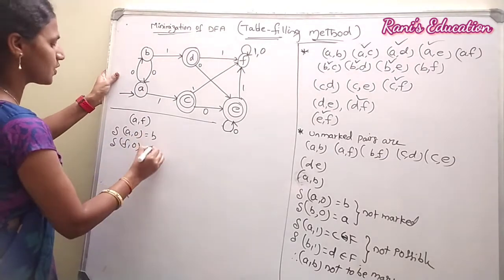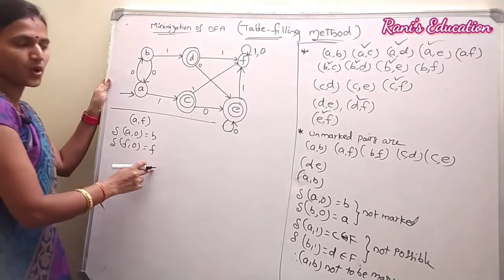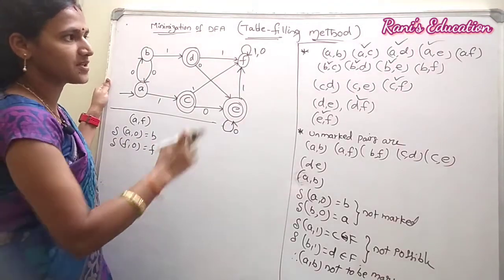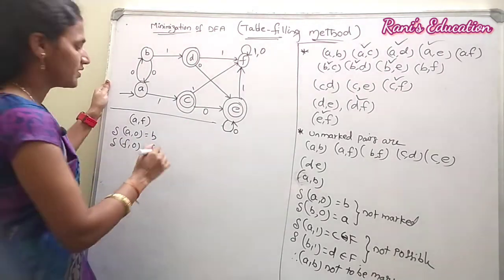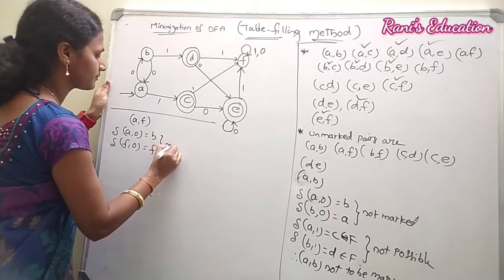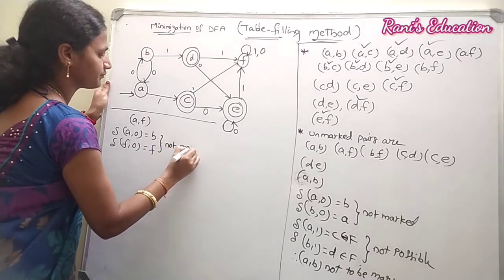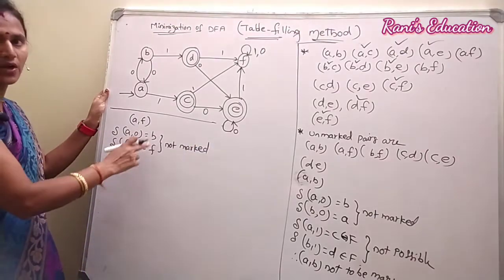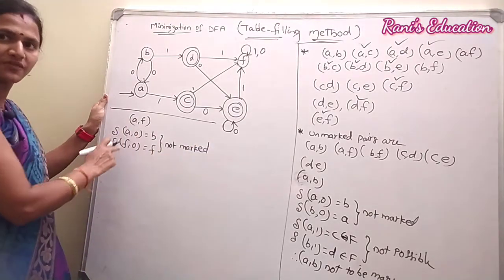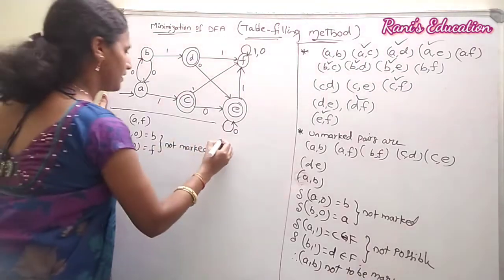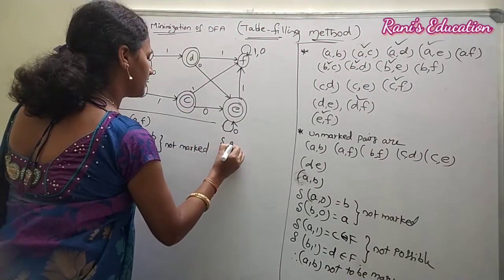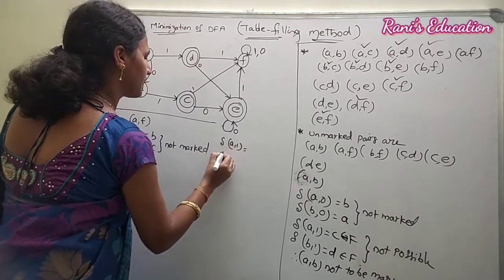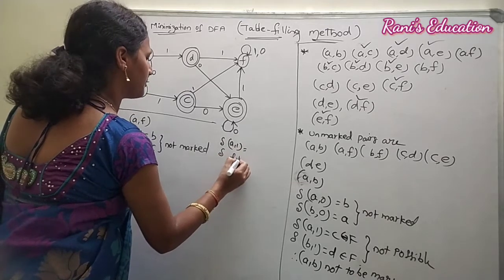B. F comma 0 is F. Whether BF is already marked in the table, you need to check it out. No, which is not marked. Now what we have to do, we are going to consider another input symbol for the same state pair. That is delta of A comma 1, delta of F comma 1.